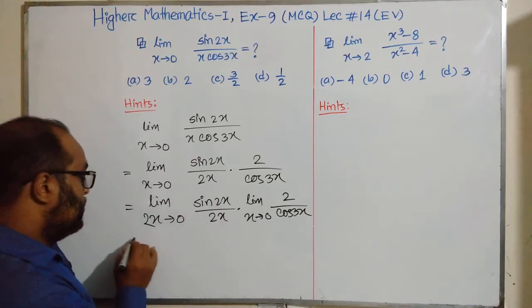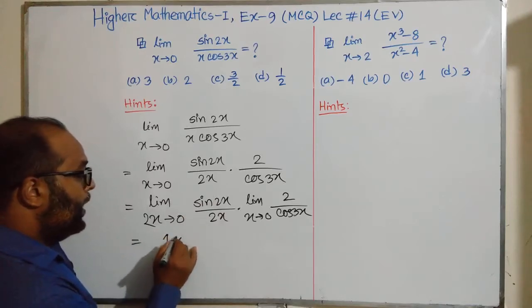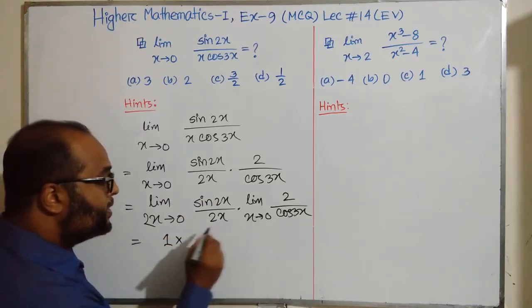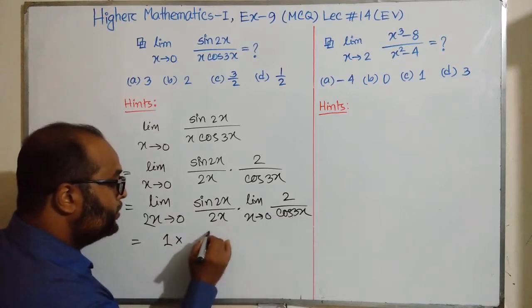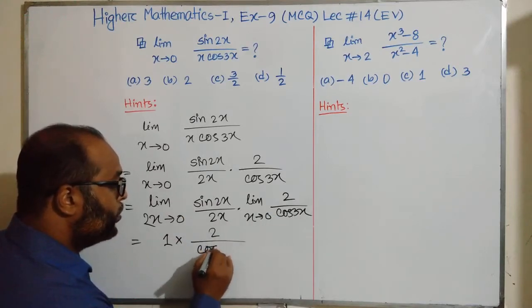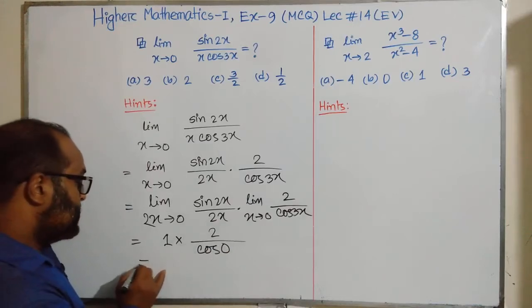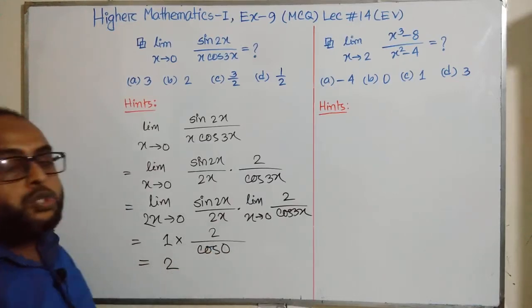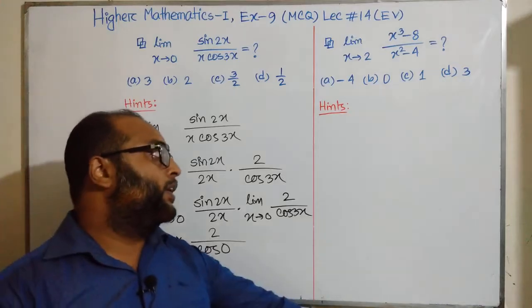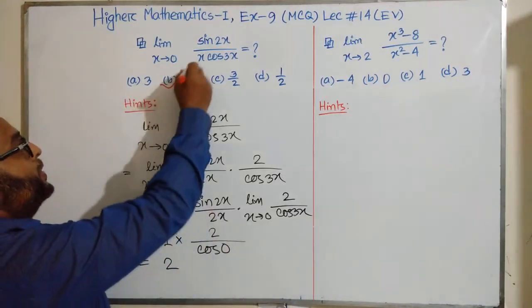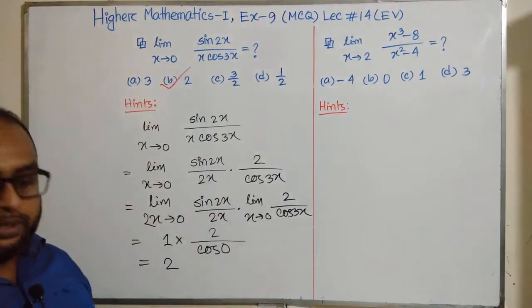Here this is one formula, and if we put limit x equals 0 in this function, we get cos 0. You know cos 0 equal to 1. So answer of this question is 2. So here option B is correct.